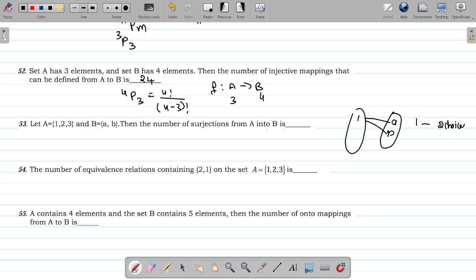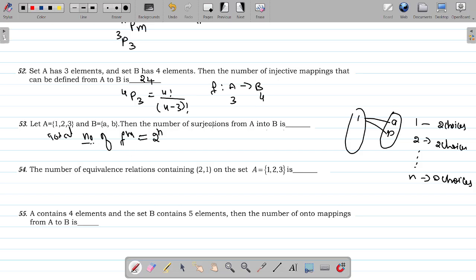We have done this previously. 2 has 2 choices. Similarly, n has 2 choices. So the total number of functions is 2 power n, 2 into 2 into 2, repeating n times.